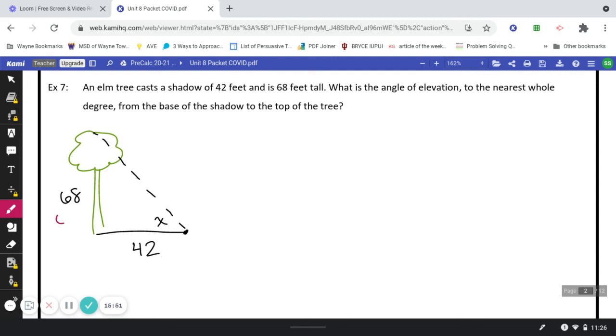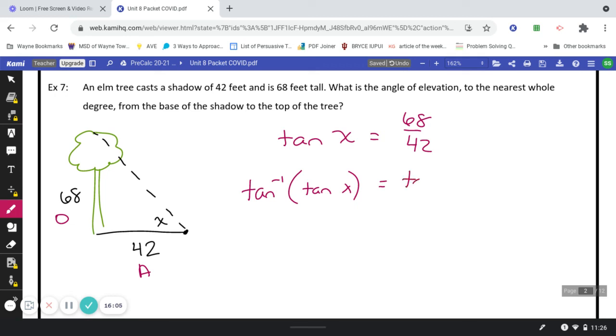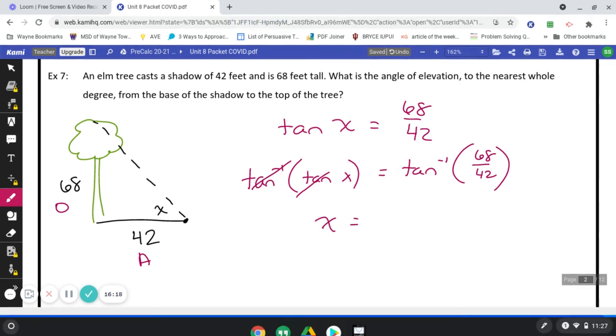All right, you should have labeled O and A, which means you should have chosen tangent. And then in order to get rid of the tangent and get the x by itself, we are going to inverse tangent on both sides. Those cancel, x equals, and then we type it into our calculator one more time.